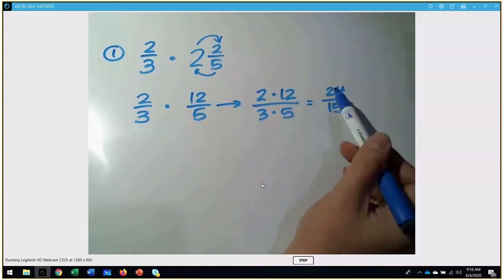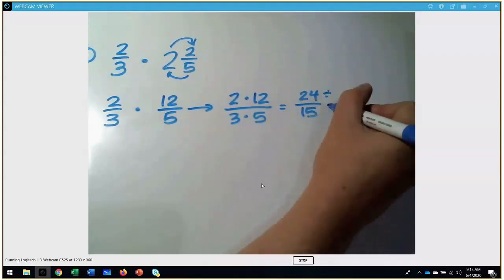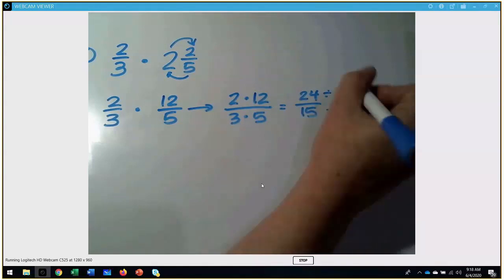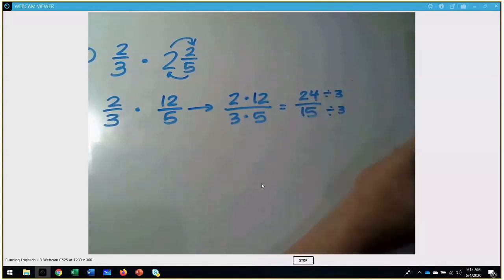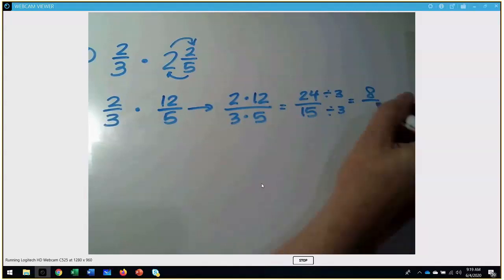And then I need to simplify it. So I need something I can divide those both by, which in this case is 3. 24 divided by 3 is 8. 15 divided by 3 is 5.